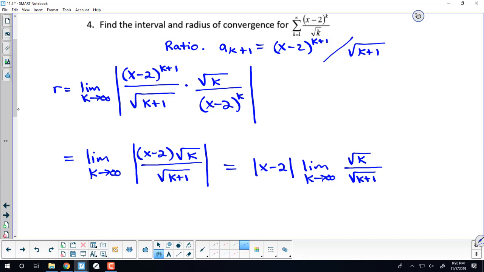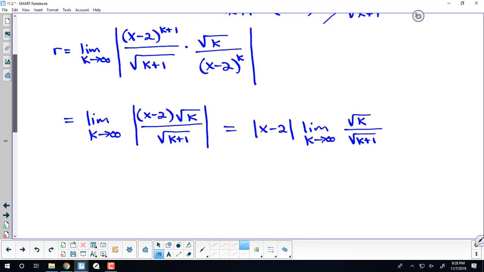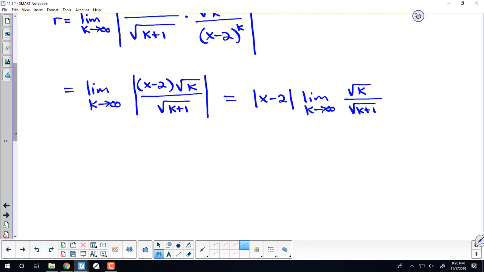Y'all all right with what we've done so far? And what's the limit then as k approaches infinity? 1. Right? If you do infinity over infinity, with a root over a root, like a square root over a square root or a cube root over a cube root, L'Hopital's rule is just you end up in this infinite loop.